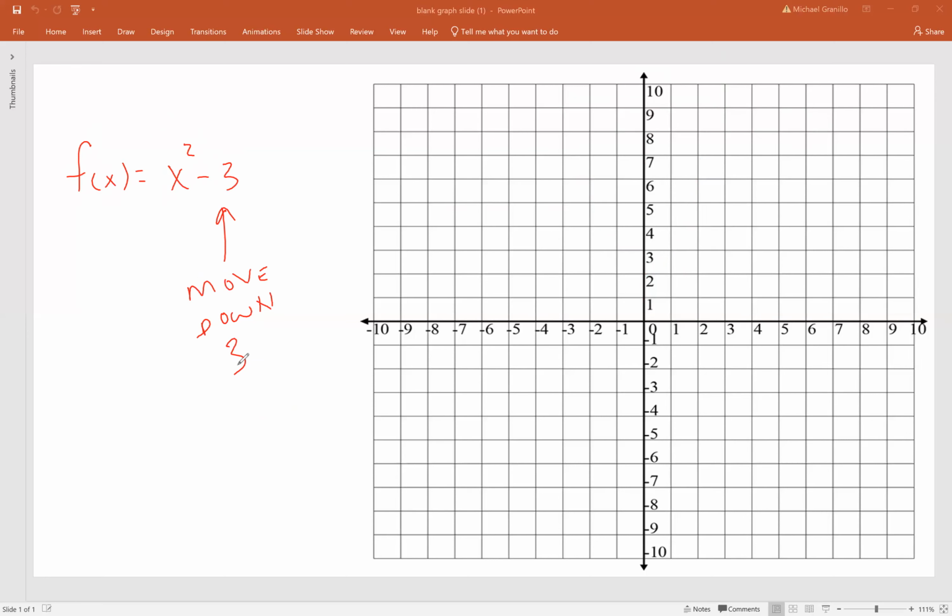Well, because it's a minus 3. Okay, so now our vertex is going to be here, and we're going to have these points here and here, right? And we can draw our graph through those points. Okay, same basic shape, everything. So the plus or the minus simply slides or translates the graph up or down. Okay, nothing too different there.